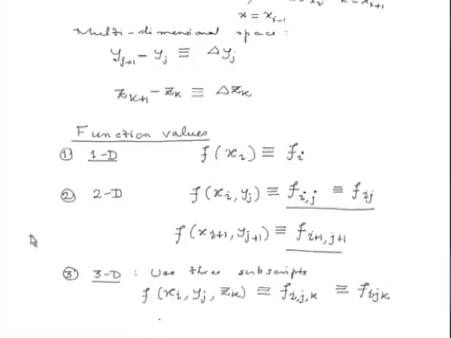As I illustrated earlier, this comma we would require when the indices are longer than one symbol. For instance, f of x i plus 1, y j plus 1, z k. In this case we have to use the comma separator between different indices, so f i plus 1 comma j plus 1 comma k. So, please remember these shorthand notations because we would use these in our difference formulae very often.